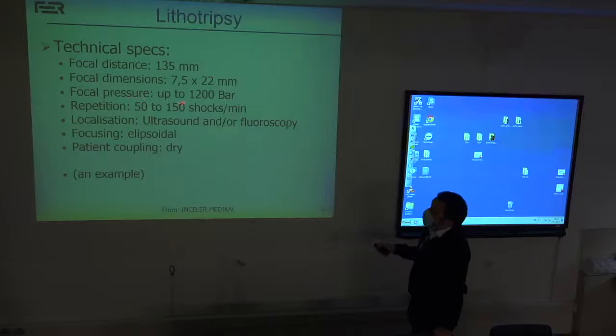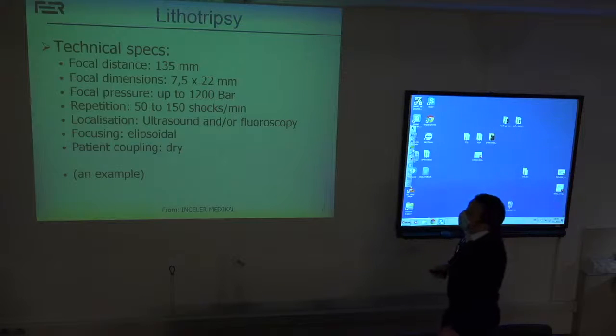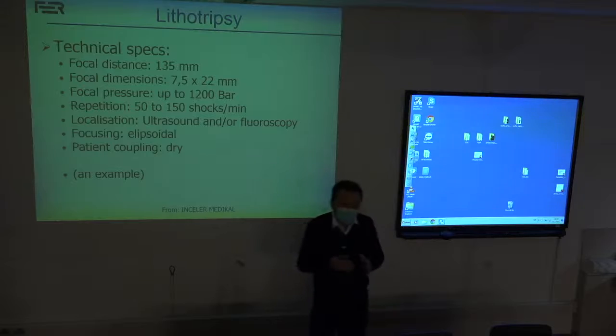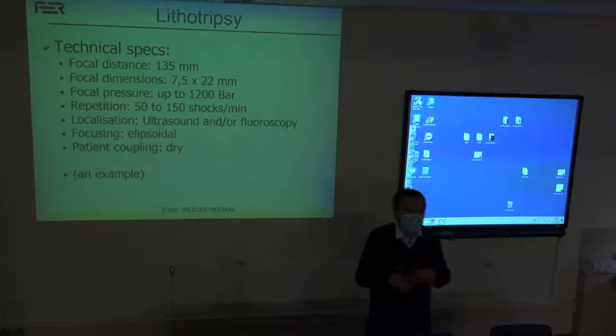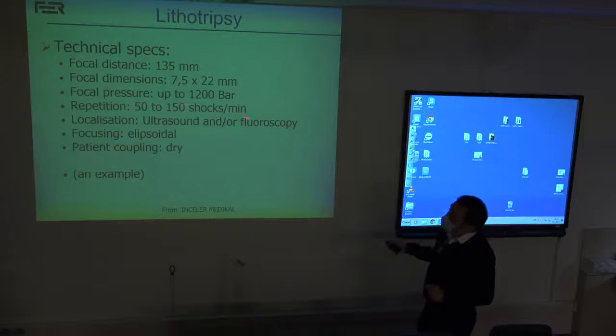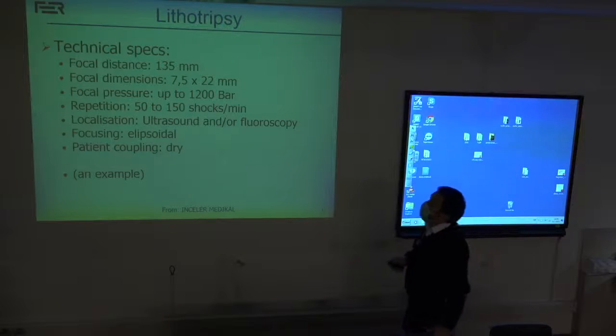You can generate pressures up to 1,200 bars. Of course these shocks cannot last too long, because if they last too long, then you would get heating effects and so on. So they have to be limited into shorter bursts.